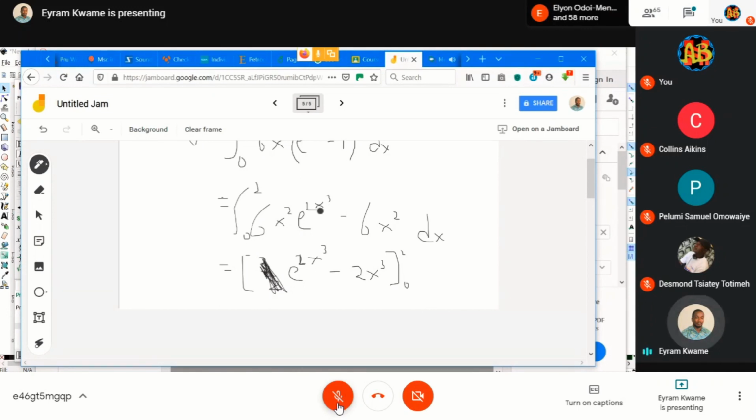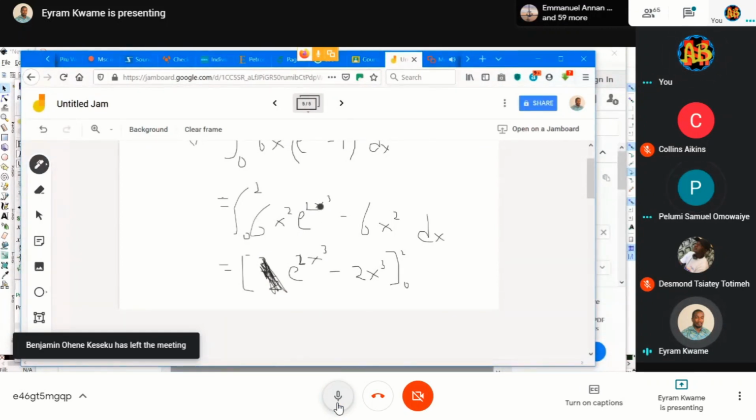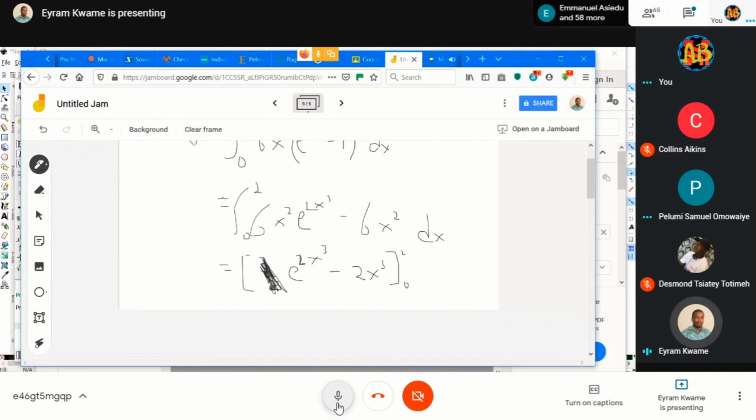It's not 4x squared, it's 6x squared. If you do the u sub, you get 6x squared, so it takes care of everything. There's no fraction. This should be cancelled, please. And then you can evaluate this now.